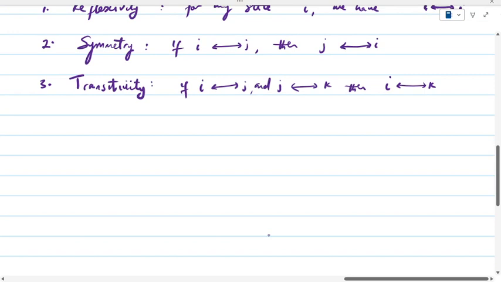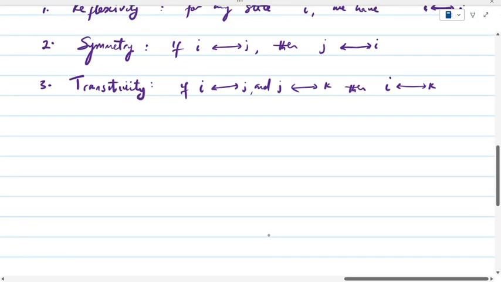Okay, so with that, I believe we should be able to move to irreducible and non-reducible, and I will take you to definition 3.